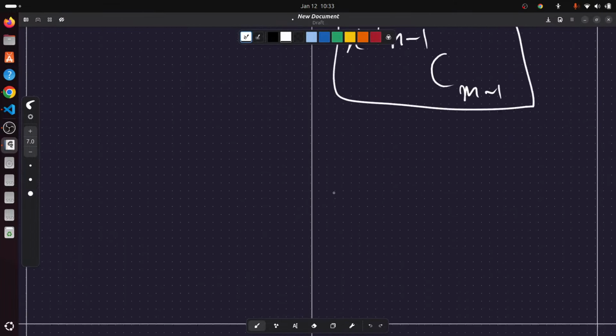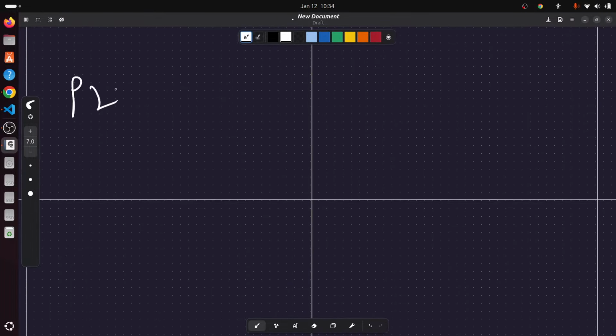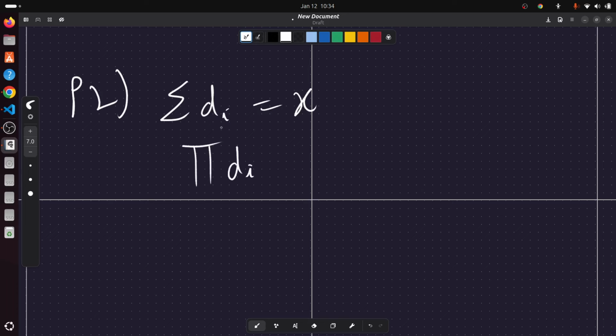So I have one more problem, problem number 2. Problem number 2 is that if my summation of di is equal to x, then over all the possibilities, what is the sum of product of di, right?